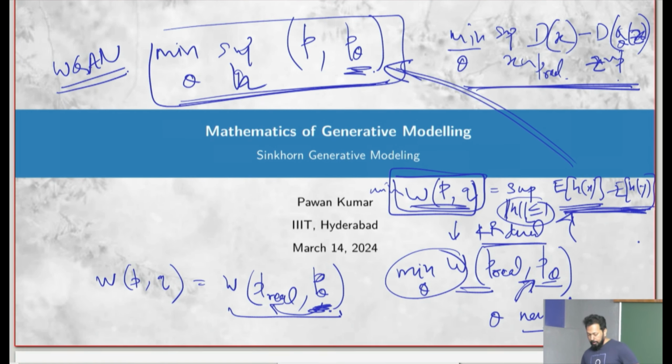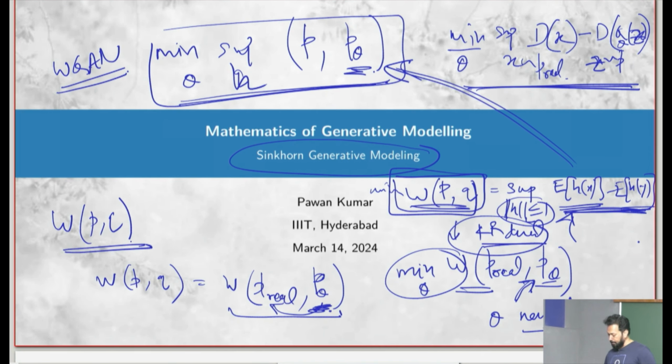What the other idea we will talk about is a direct approach, where by direct I mean we are not going to use the KR dual. We will still start with Wasserstein distance, and what we are asking is, is there another way? One way was to write this using the KR form, and supremize over one-Lipschitz functions. Now we are looking for another way.